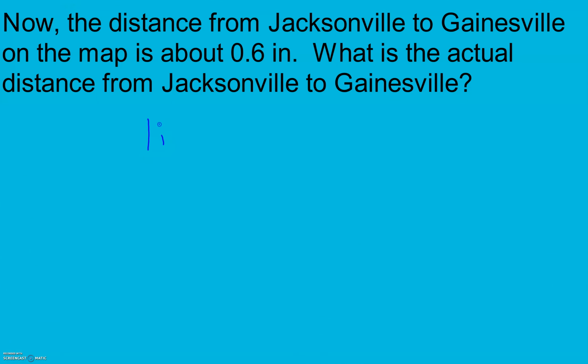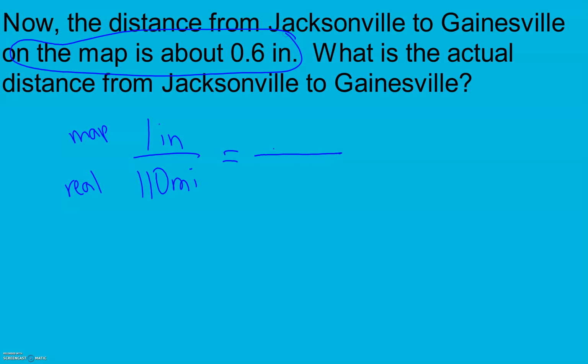I have 1 inch to 110 miles. This is my map. This is my real life, or my actual. I set it equal to, on the map, I have 0.6 inches for what I'm looking for. Now we want to know what is the actual or real life distance.